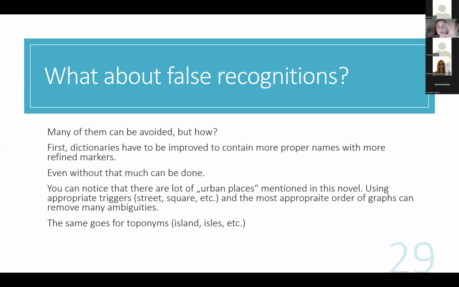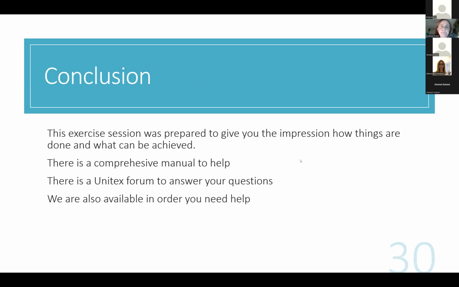I will tag the whole sequence as, for instance, urban place or something like that. And also they mention, in this novel, island, isles, and so on. These are all triggers that, even if you don't have a very elaborate dictionary, will let you avoid a lot of ambiguities or these false recognitions.